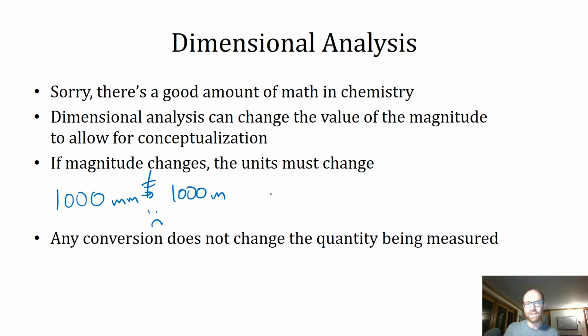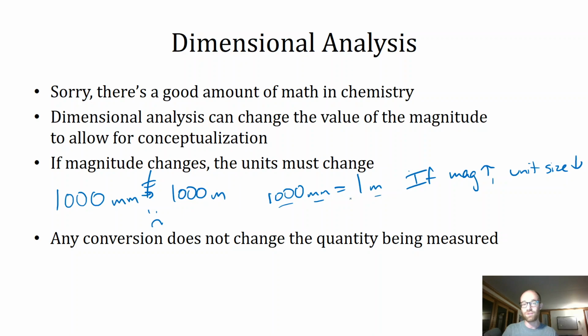So the idea is if you have 1,000 millimeters, that would be equal to 1 meter. If the magnitude goes up, the unit size goes down, and then obviously vice versa. If the magnitude goes down, the size goes up. So that's to say a millimeter is smaller than a meter, so then 1,000 is greater than 1.